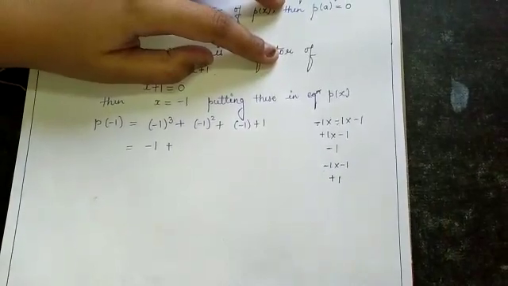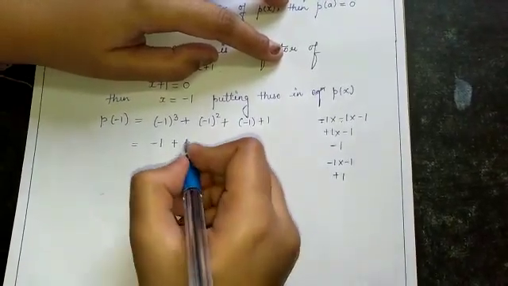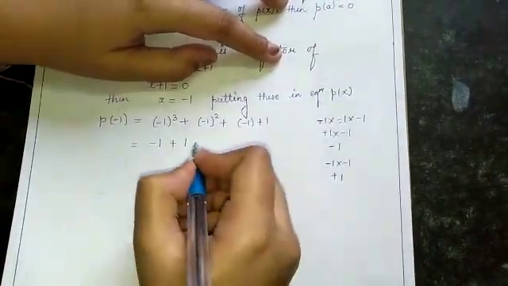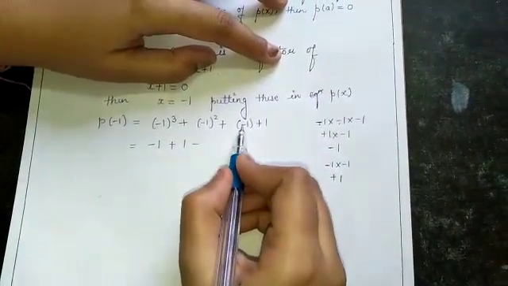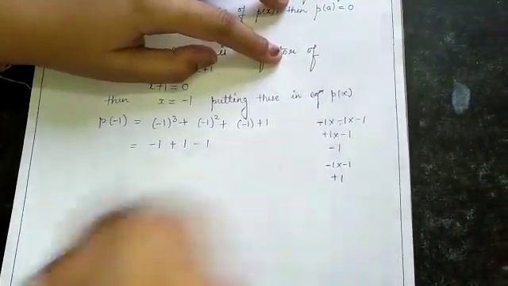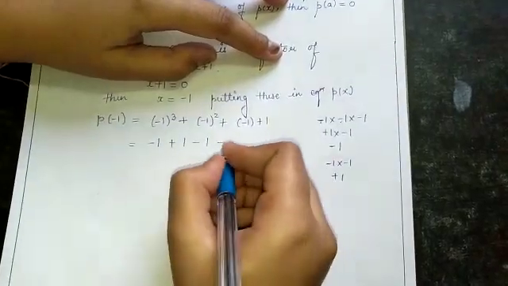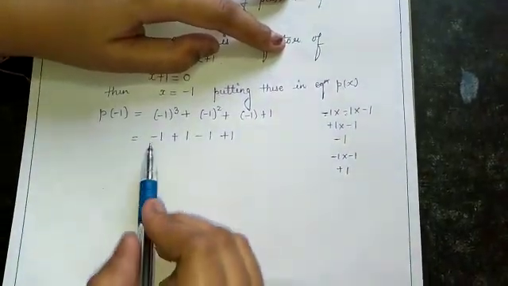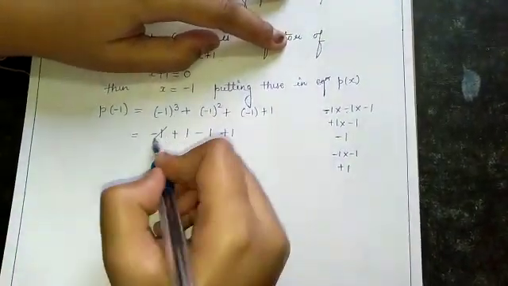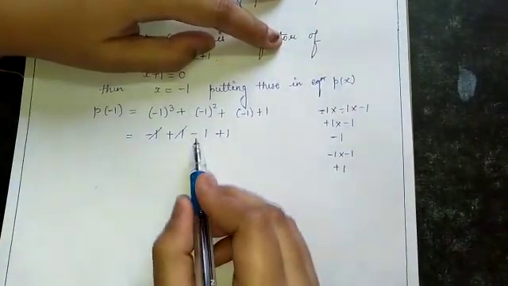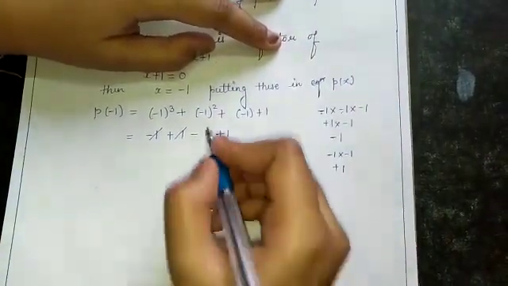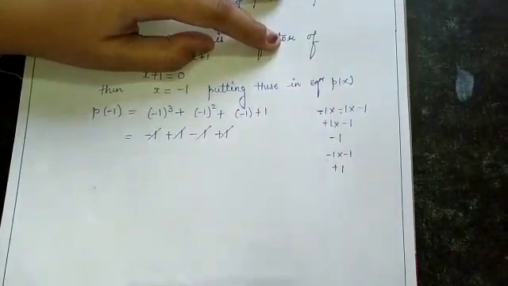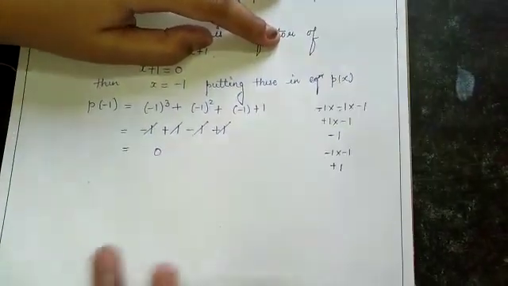So the square of minus 1 is 1, plus minus 1 plus 1. So the minus 1 and plus 1 get eliminated. Similarly, this minus 1 and this plus 1 also get eliminated, gives 0.